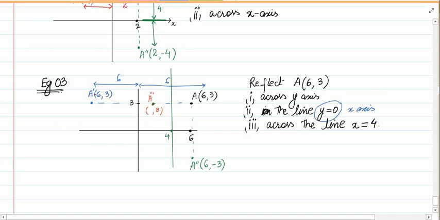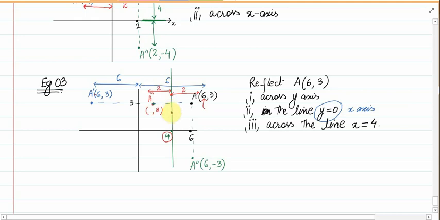Now we look closely at the x value. At this line the value of x is 4, as mentioned here. At A we have the x coordinate 6. So if I ask you what is the difference, you will say that sir, it's 2, right? 6 minus 4 is 2. If this distance is 2, it means that this distance should also be 2, right?